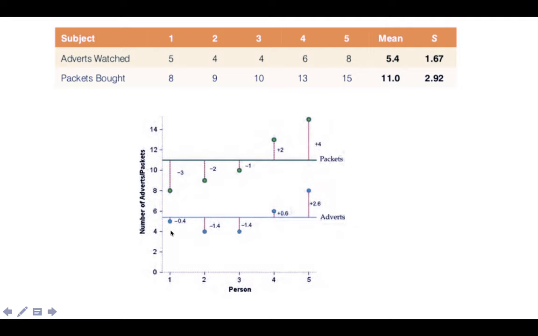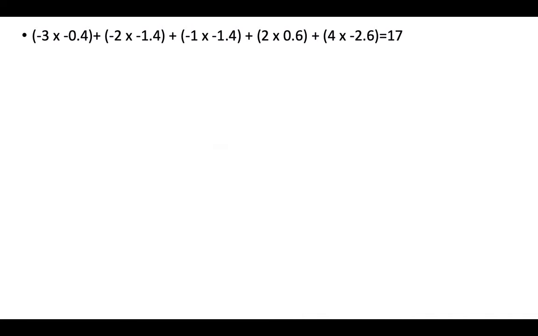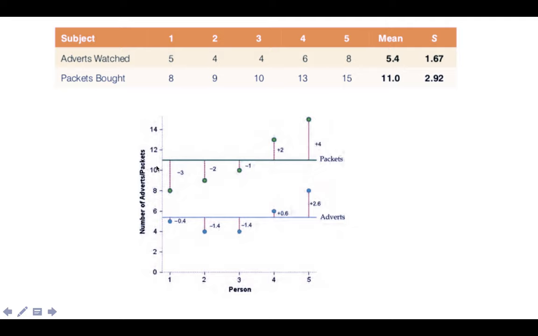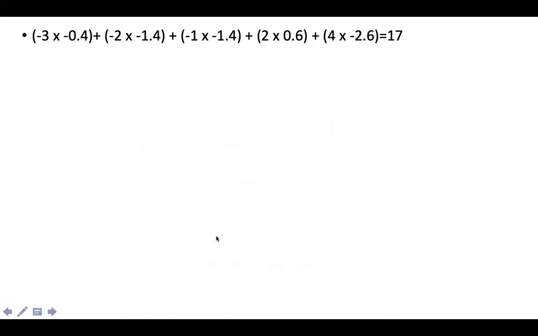So how do we calculate the covariance? We multiply the corresponding values in the two variables. So if we go back, we multiply -3 with -0.3, -2 with -1.4, and we add them up.